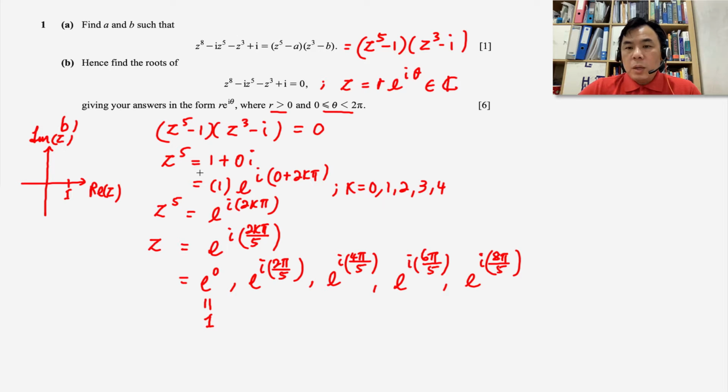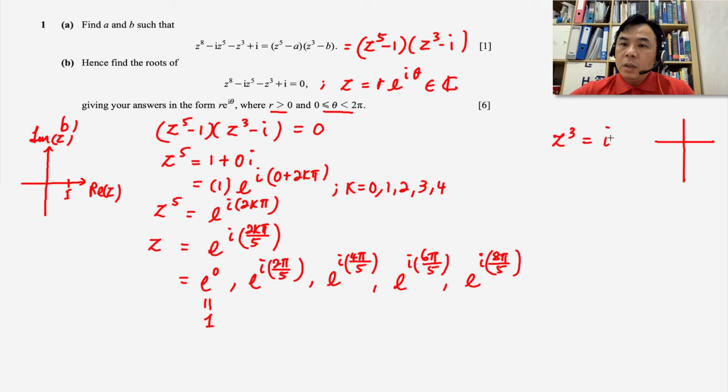Okay, now next I'm going to repeat that for the second part, whereby we have z cubed equal to i here. For this, we're going to apply the Argand diagram as we did just now. I'm going to draw it at the side here.